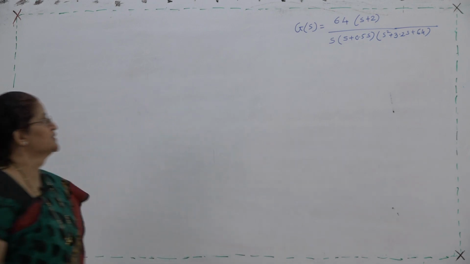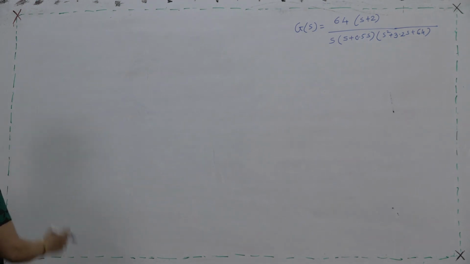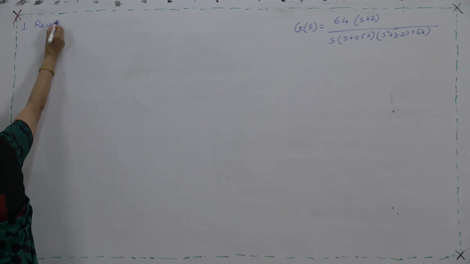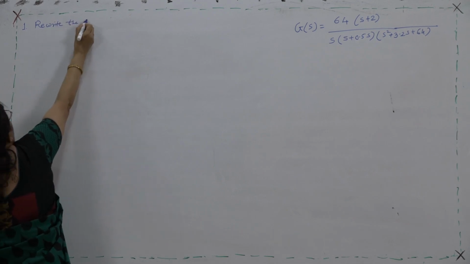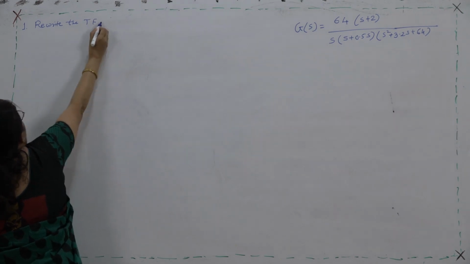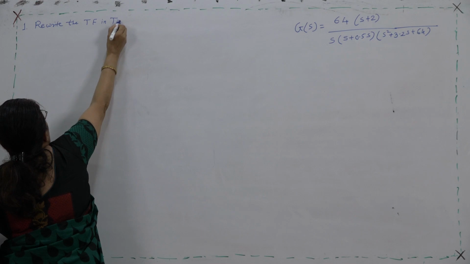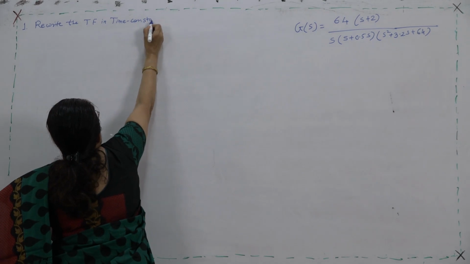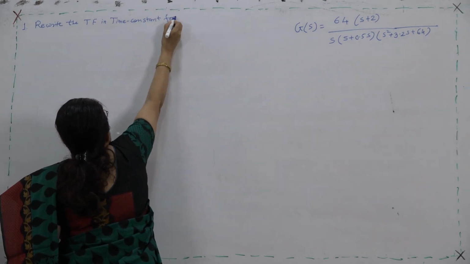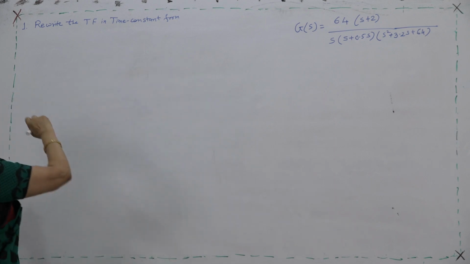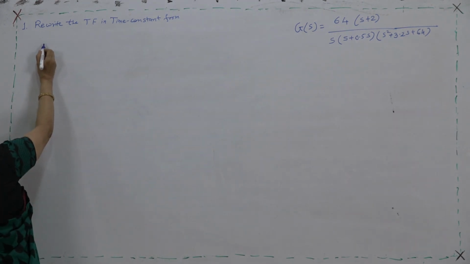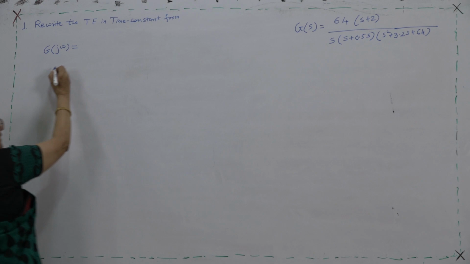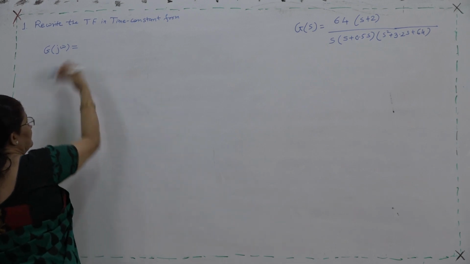So, this is in the pole-zero form. What is your first step? The first step is to rewrite the transfer function in time constant form, and it is in the frequency domain, or sinusoidal transfer function. So, what we will get here, G(j omega) is equal to, replace s by j omega. I will solve here and then finally write there.